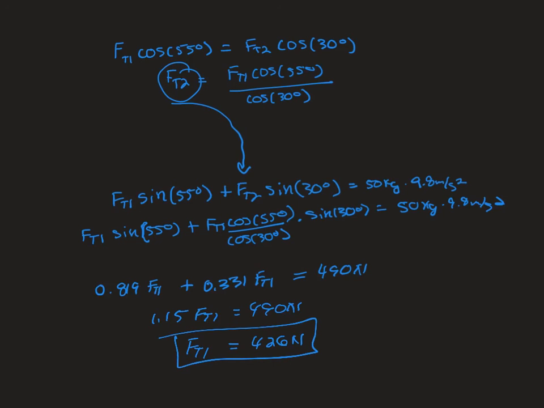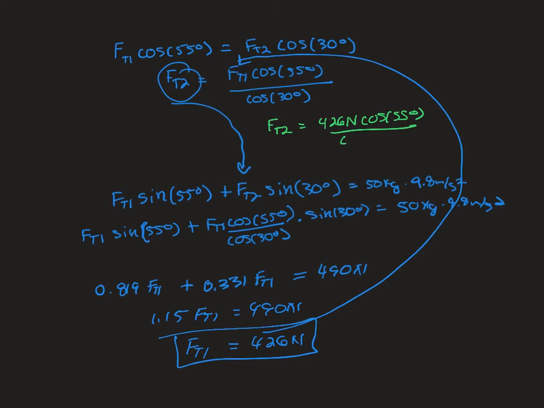So we now have force of tension 1, which we can then plug in up here. So force of tension 2 is going to equal 426 newtons times the cosine of 55 degrees divided by the cosine of 30 degrees. So force of tension 2 is going to equal 282 newtons.